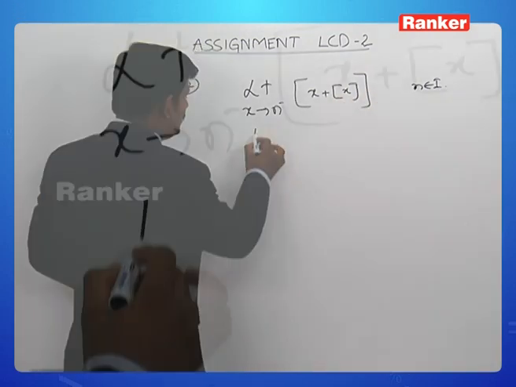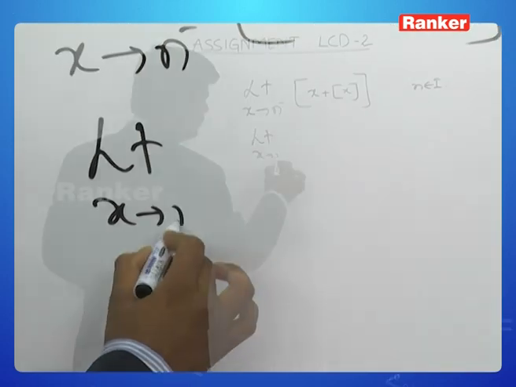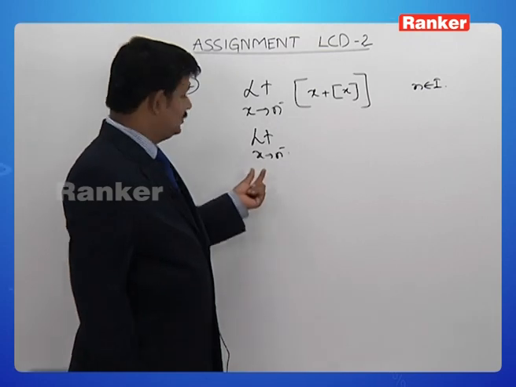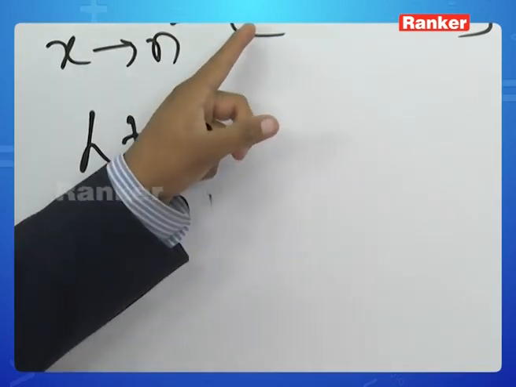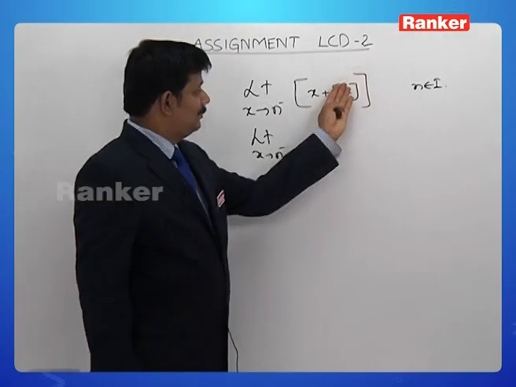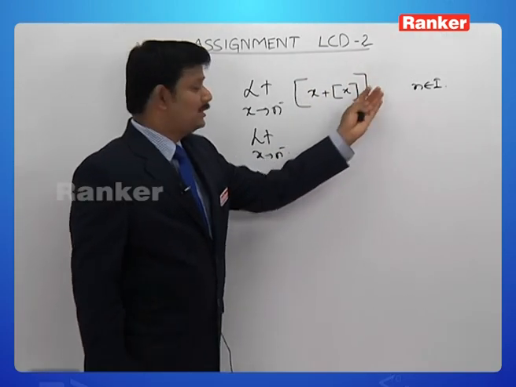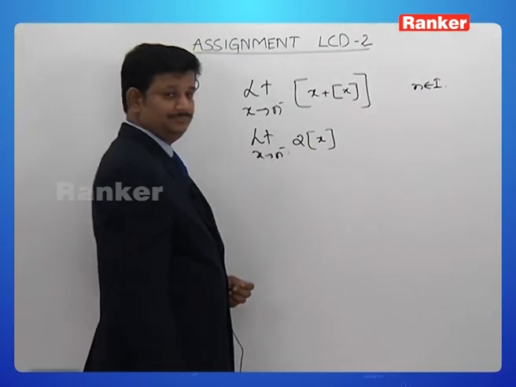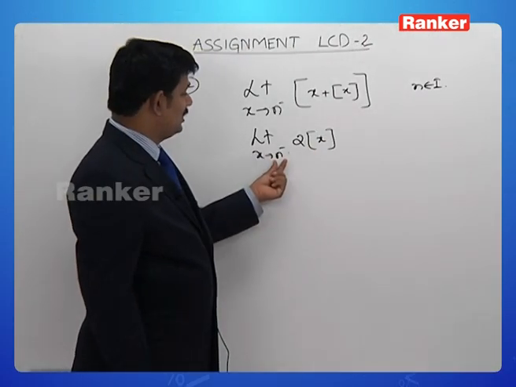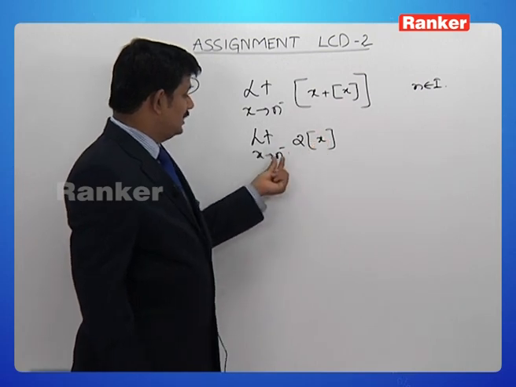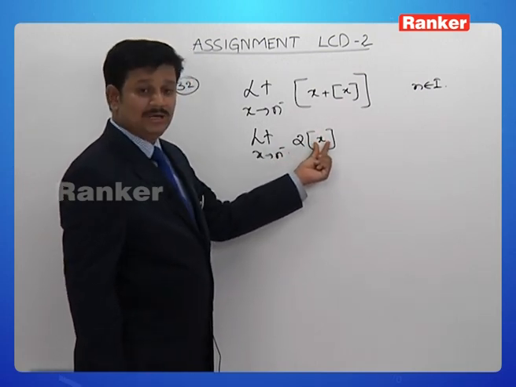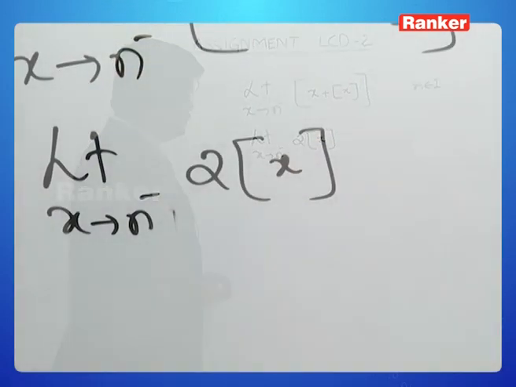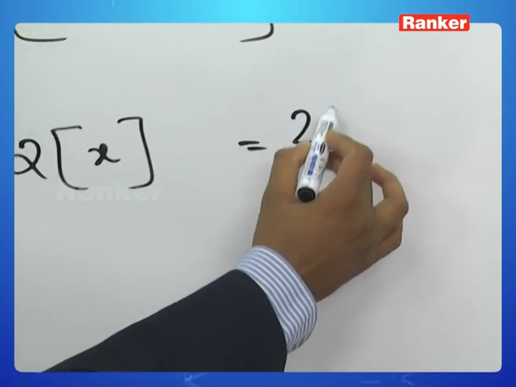This can as well be written as limit x tending to n minus of integral part of x plus take this integer out, integral part of x, which makes it 2 integral part of x. So, as x tends to n minus, x is slightly less than n, integral part of x would be n minus 1. So, this limit would be 2 into n minus 1.